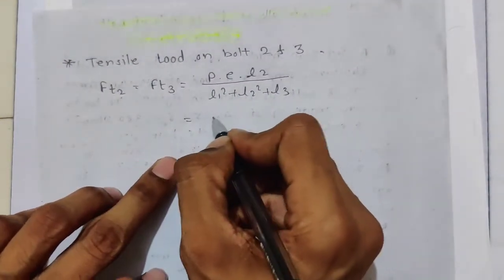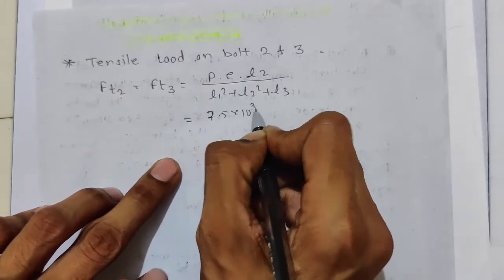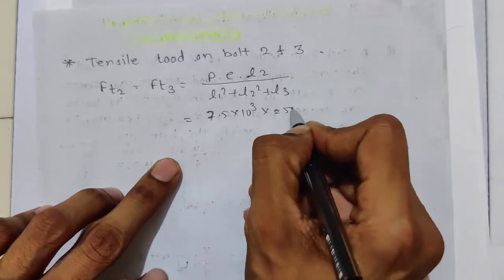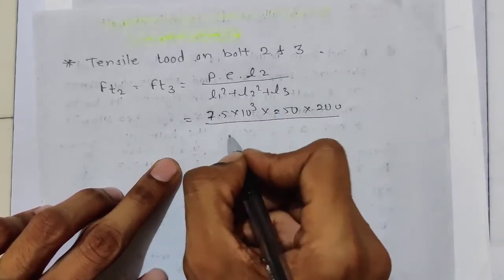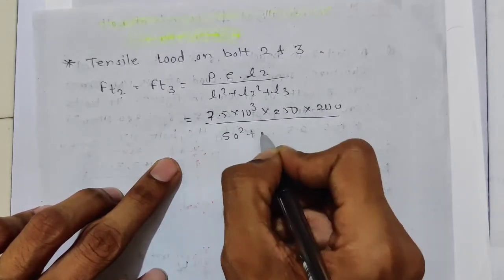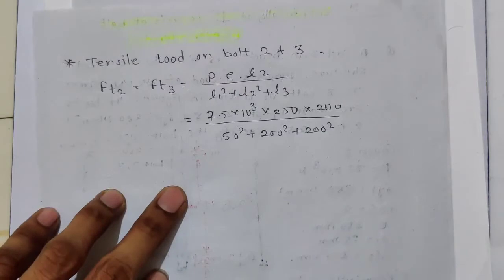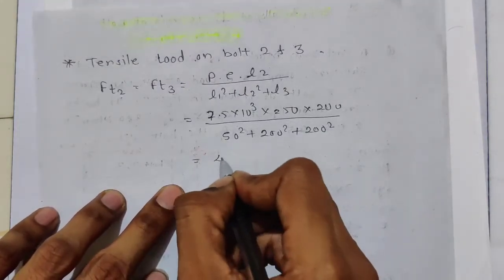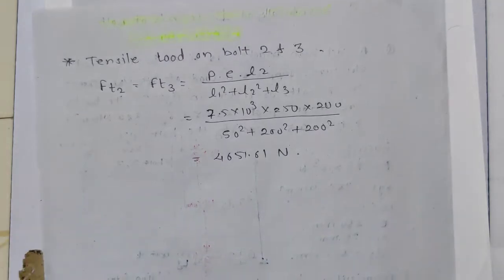So it will be 7.5 into 10 raised to 3, eccentricity is given as 250, into L2 200, whole divided by L1 25 square plus 200 square plus 200 square. So you will get 4651.61 Newton as a load.